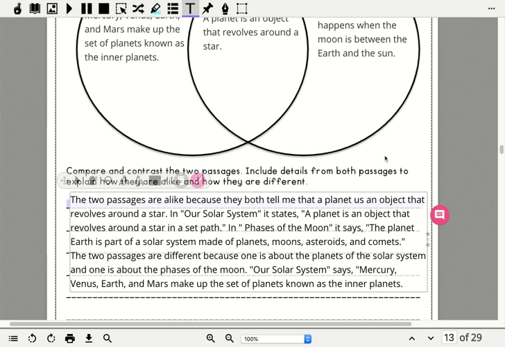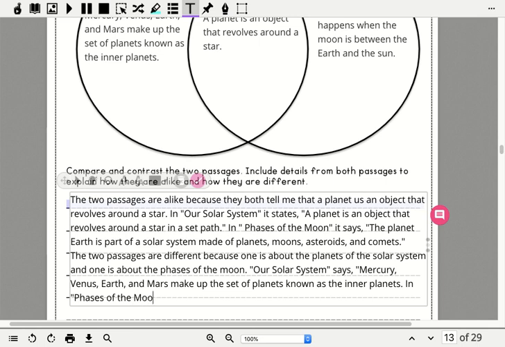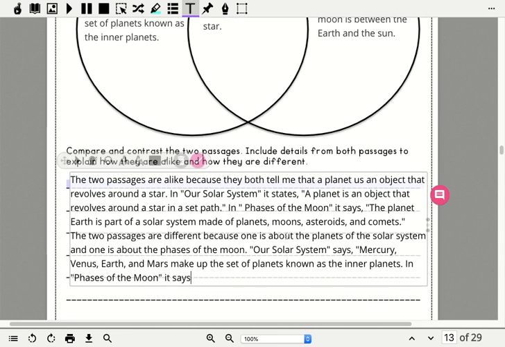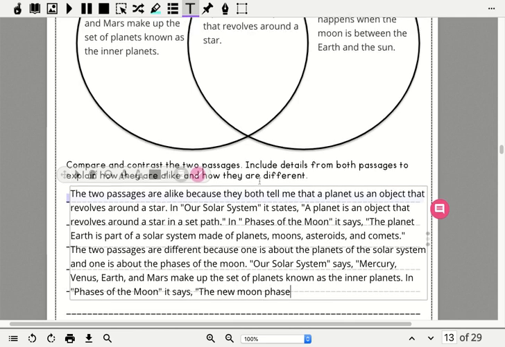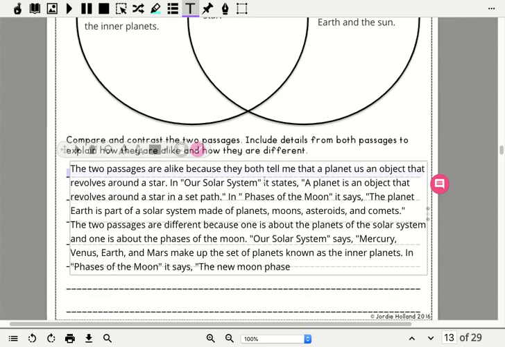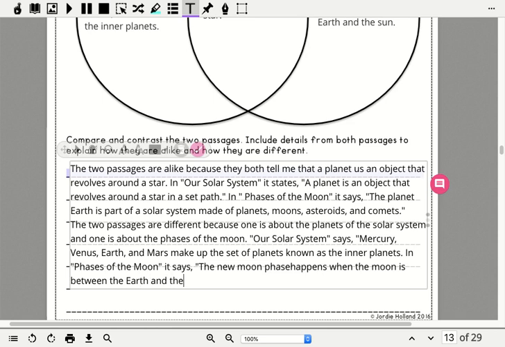Okay, so in phases of the moon, it says, and I'm just going to do this, the new moon phase happens when the moon is between the Earth and the Sun.